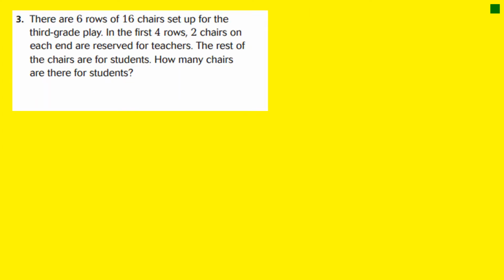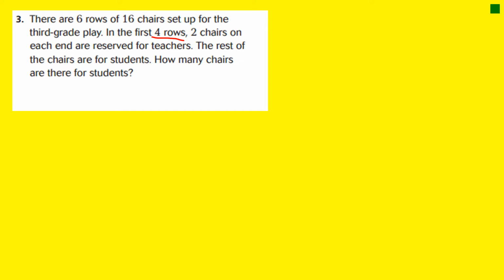Now we're on number 3. There are 6 rows of 16 chairs set up for the 3rd grade play. In the first 4 rows, 2 chairs on each end are reserved for teachers. The rest of the chairs are for students.